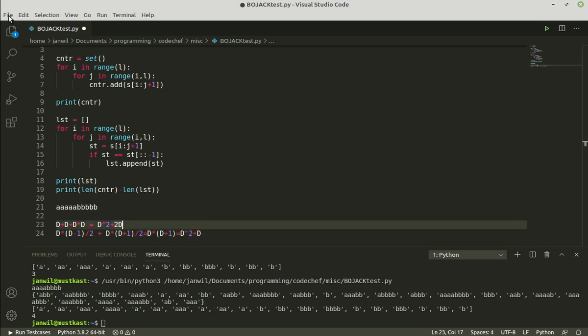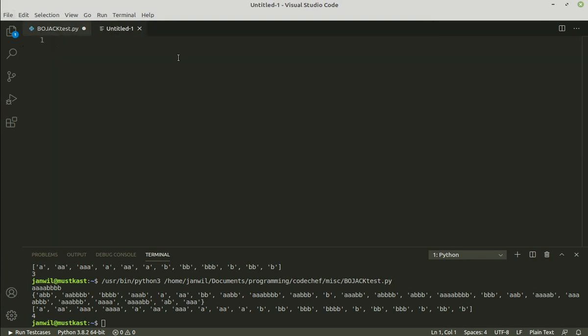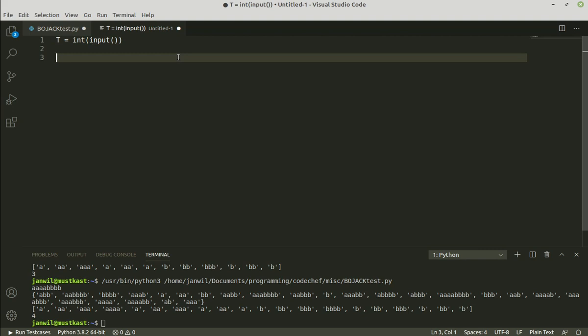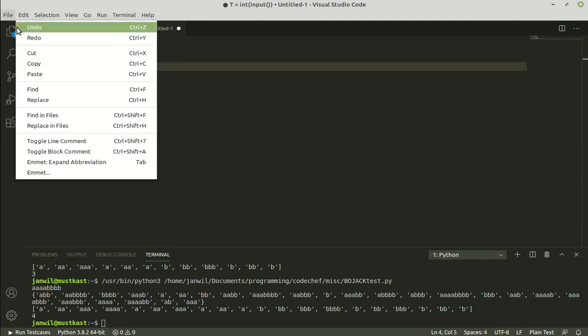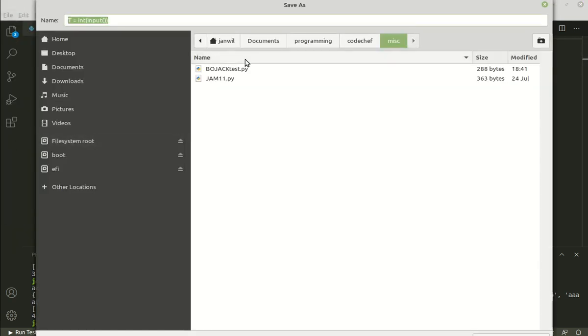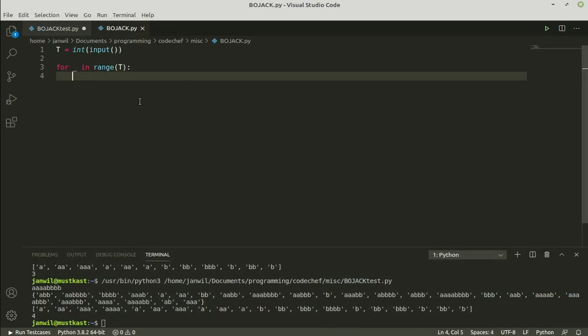So in the end of the day, the resulting solution is as follows. So first there are t test cases, and for each of the test cases we have, okay, let me also save this as a Python file.